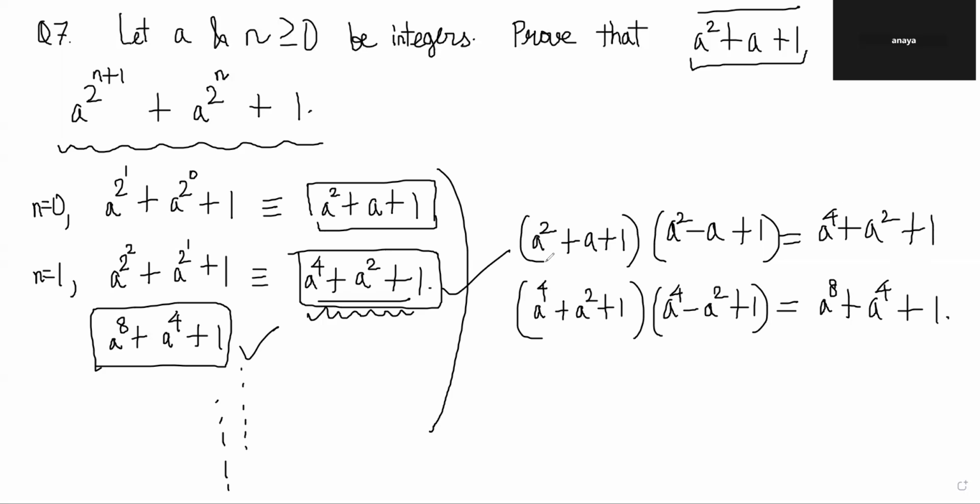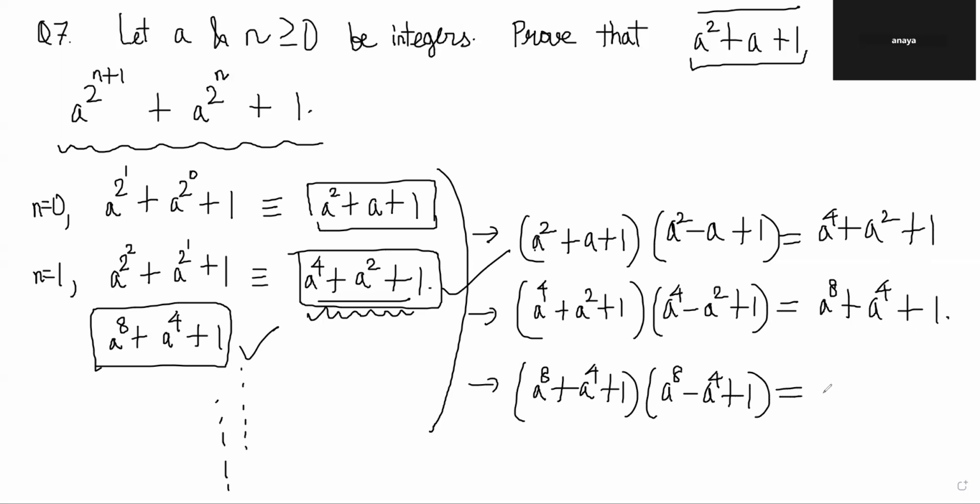And in this first one, we have replaced a with a square everywhere. Then you can replace a with a power 4 also, and you'll get a power 8 plus a power 4 plus 1, a power 8 minus a power 4 plus 1, and a power 16 plus a power 8 plus 1.